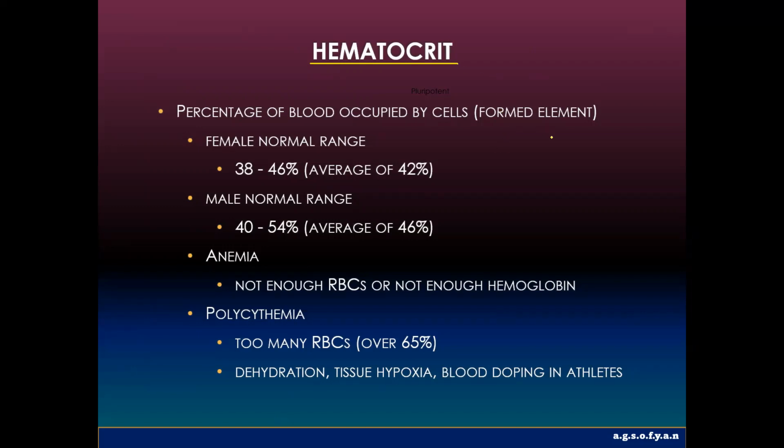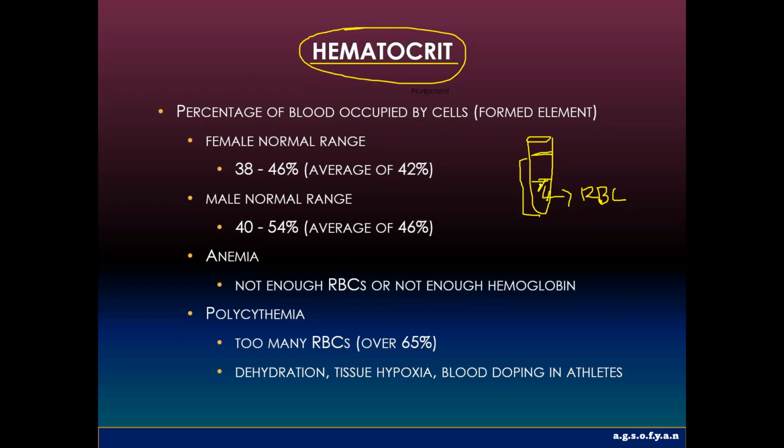So this hematocrit actually measures the lower part of this blood component, which is the formed element. And remember, the formed element mostly consists of red blood cells. So when we compare this lower component and the total component over here, we will get the value called the hematocrit.